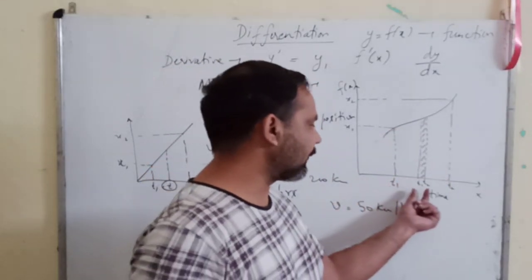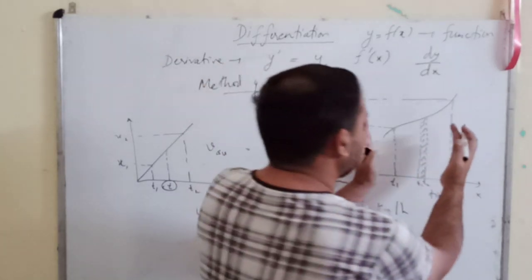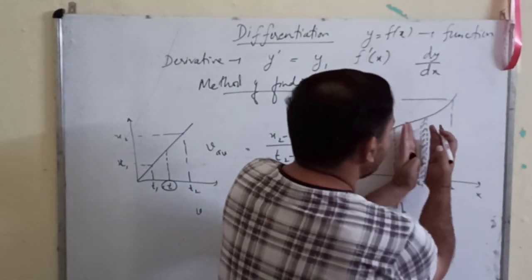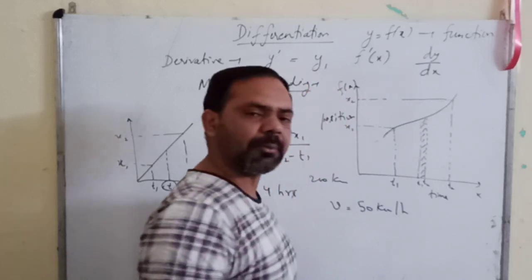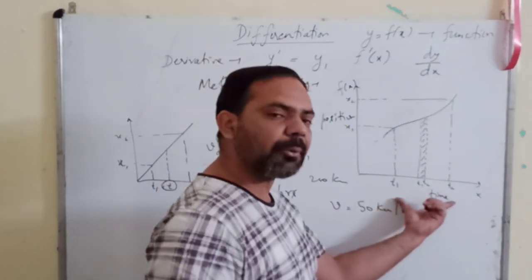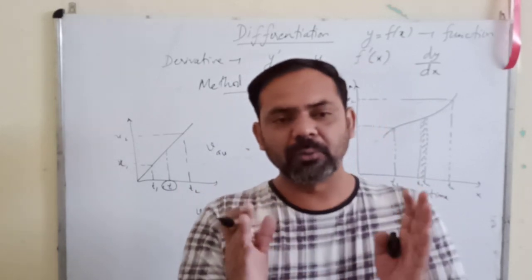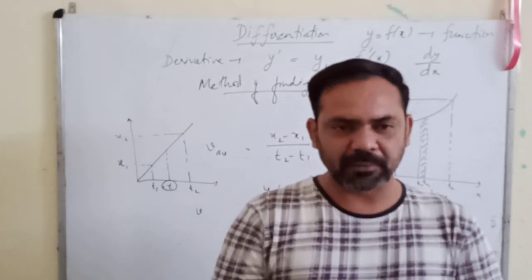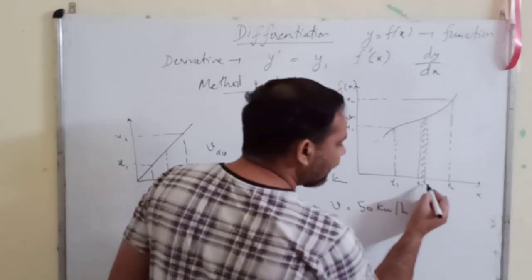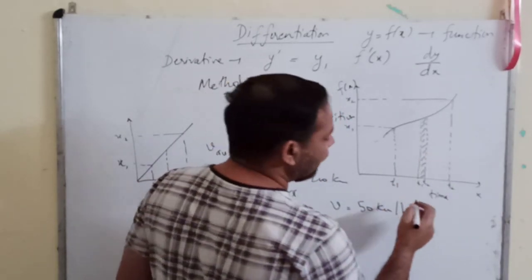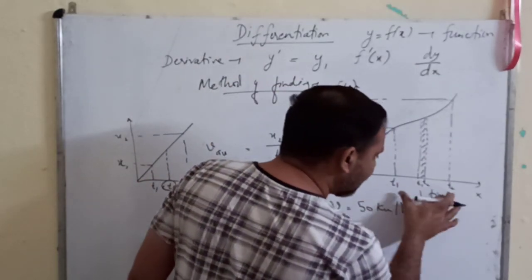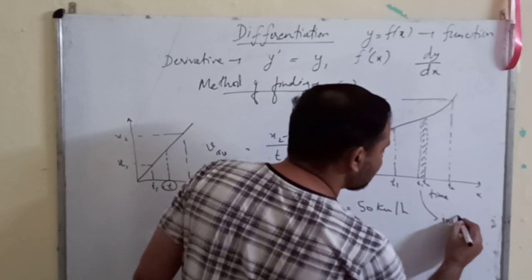I brought t1 here and t2 here, meaning I decreased the size of the gap between t1 and t2. Now t1 to t2 is a time interval. If you go on decreasing the size of the time interval, then in the situation where t1 and t2 nearly overlap, this time interval will change to an instant.